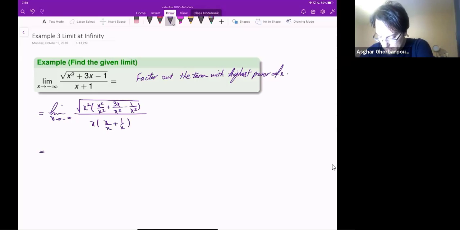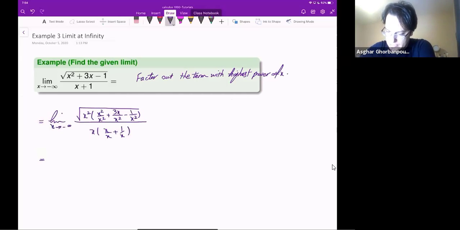Very nice. Now, looking at this piece, I see a product of two factors under a square root. This is the same thing as root A times root B, if both of them are positive.